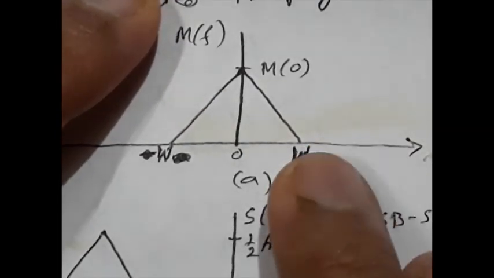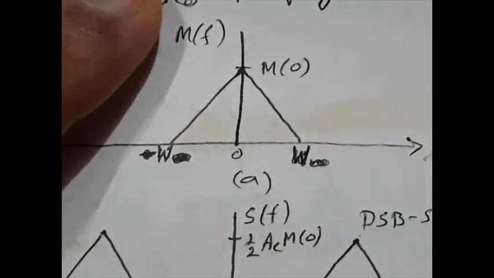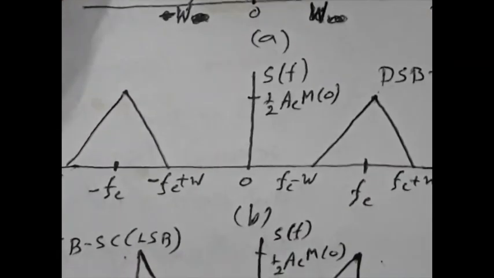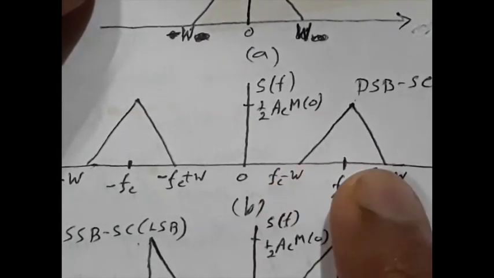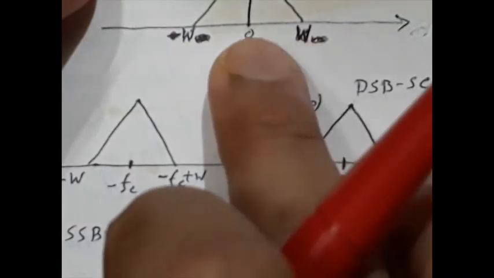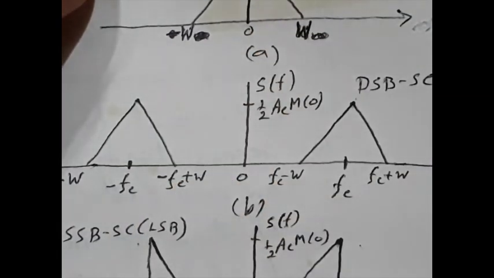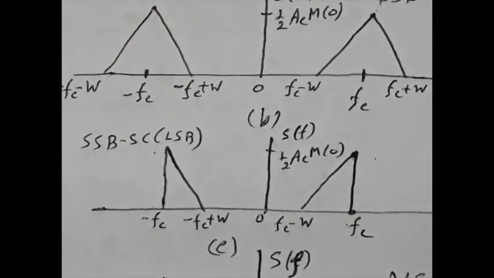This is a usual picture of the spectrum of the baseband signal. Now if we use DSB-SC, the spectrum is this, and you know the bandwidth is twice W, where W is the bandwidth of the low pass baseband signal. If we have SSB-SC, the corresponding spectrum will be like this.